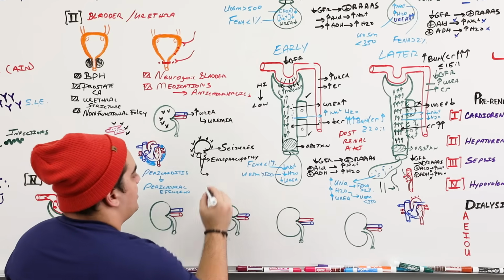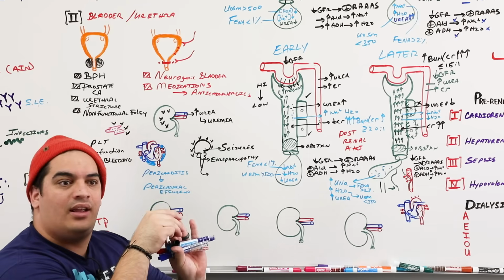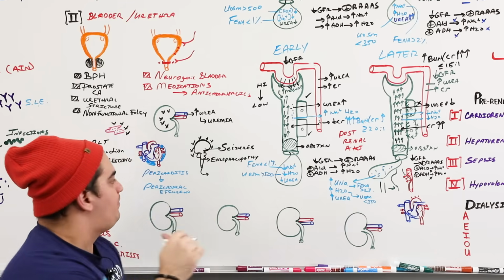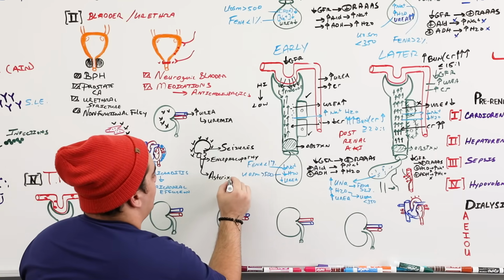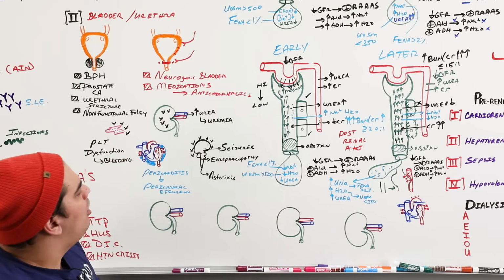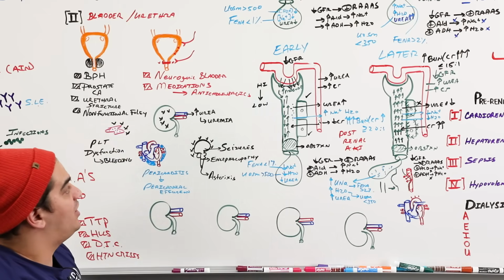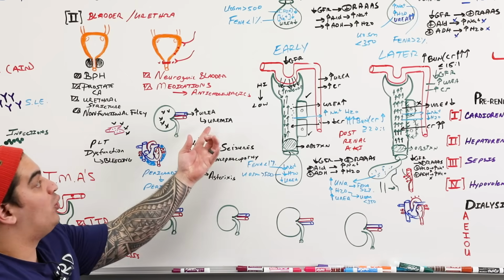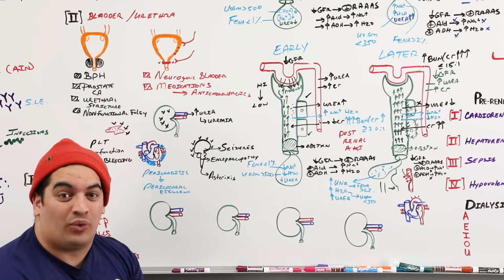It can cause asterixis. If you take someone's hand and you try to extend it, they start beating like this. So it can cause something called asterixis. Okay, but these are some of the nasty encephalopathic effects that you may have on the central nervous system as a result of uremia. So one of the big complications is the nasty effects of uremia.